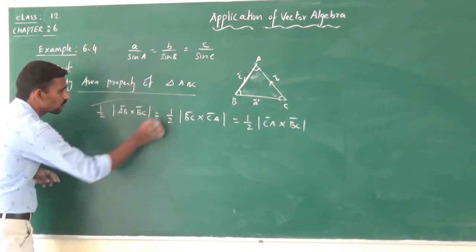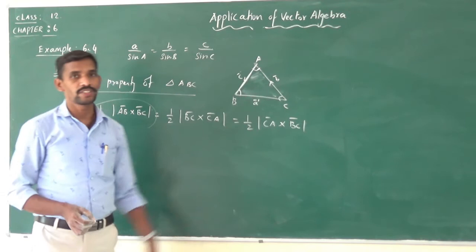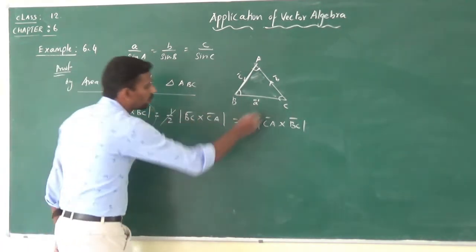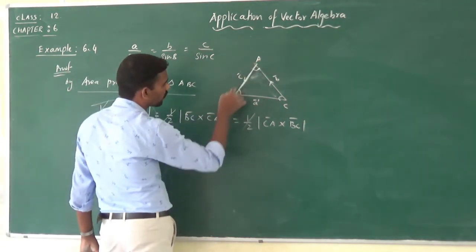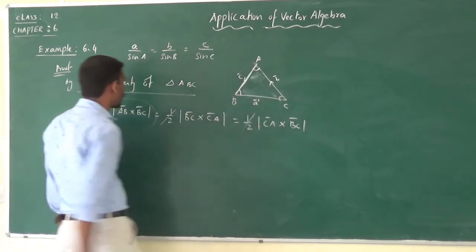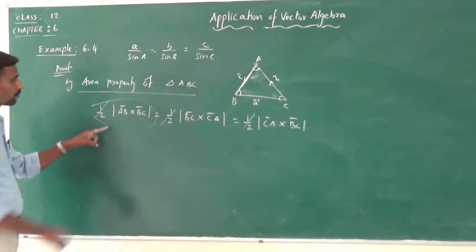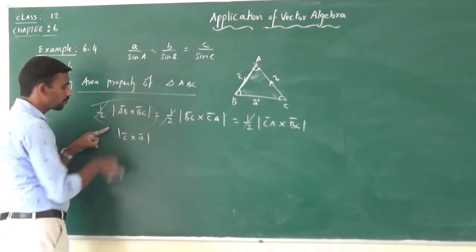Here you are taking this one. This is nothing but the area of the triangle. So this value is equal to this one, and this value is equal to this one. Now half will be cancelled. So under the assumption AB vector is equal to C vector, BC vector is equal to A vector, CA vector is equal to B vector, you are applying here. This is C vector cross BC, which is nothing but A vector.